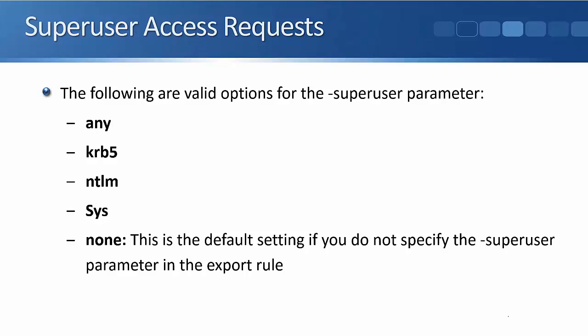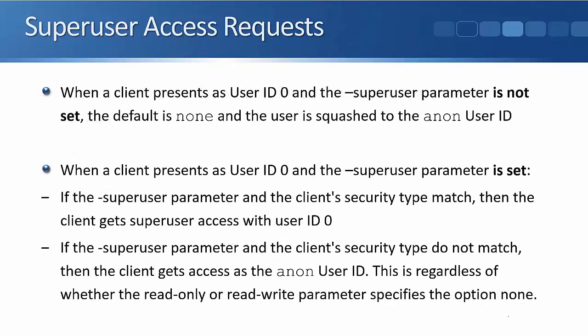So you saw those example rules we were looking at earlier. We didn't specify the superuser parameter there, so they would get the default of none. When a client presents user ID 0 and the superuser parameter is not set, the default is none and the user will be squashed to the anonymous user ID.